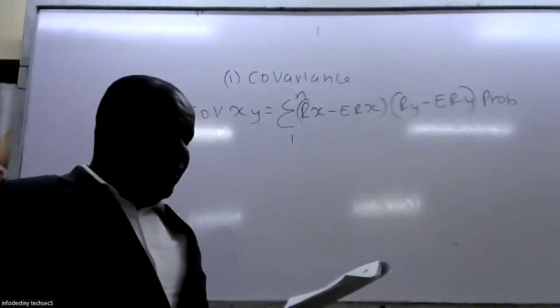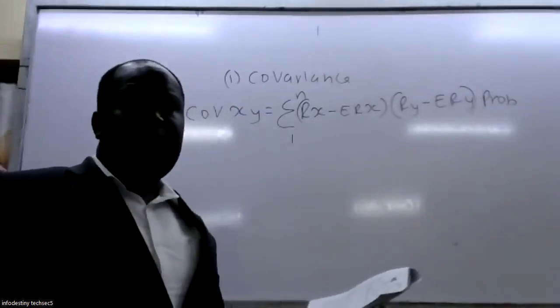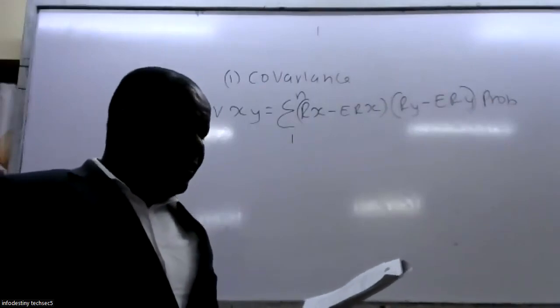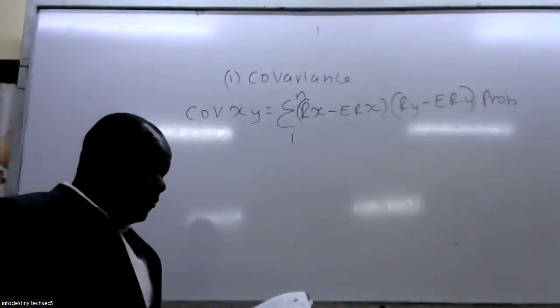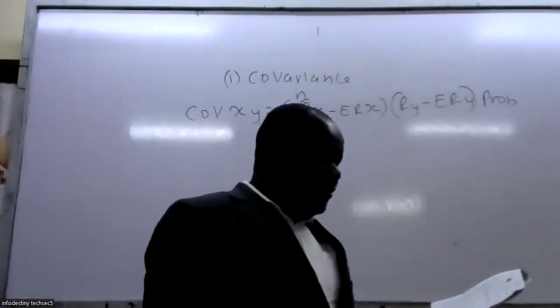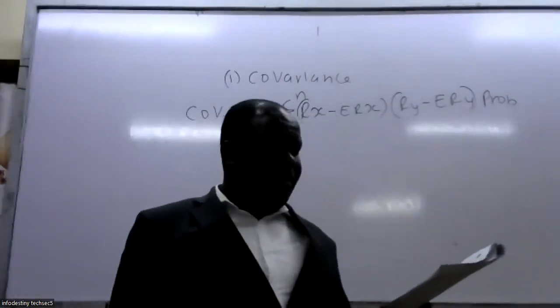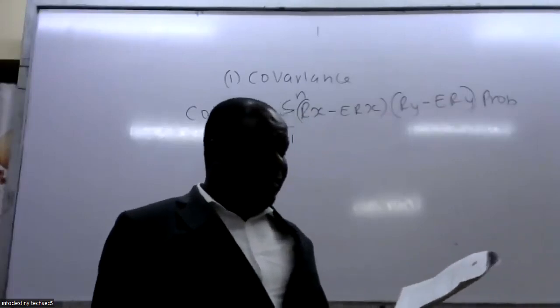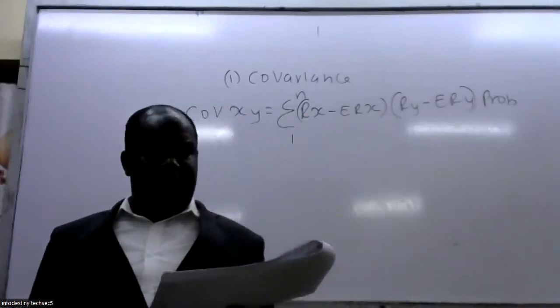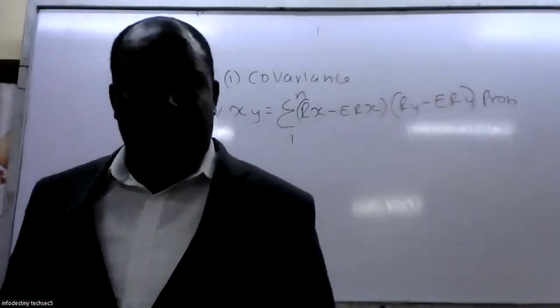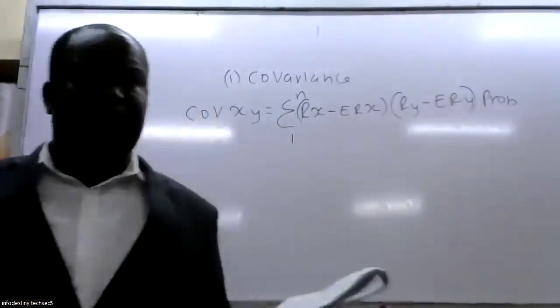So the following proportions: shillings 200,000 in security X and 800,000 in security Y. The return on these 2 securities depend on the state of the economy as shown below. They have given you the state of boom, normal, and also recession.